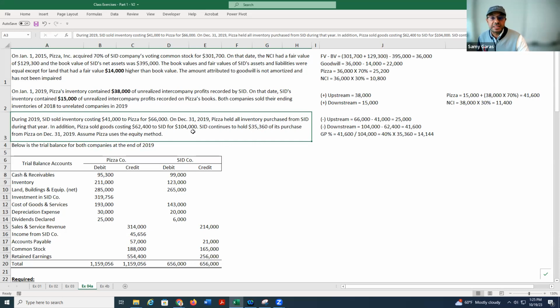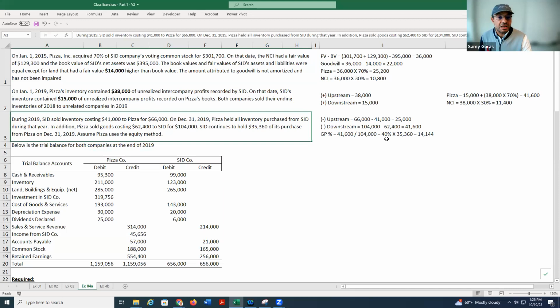First, we subtract the selling price minus cost price to get the gross profit, 41,600. By getting the 41,600, I can use it to get the gross profit percentage. How? By dividing the gross profit over the sales amount. So 41 over 104, we get 40%.